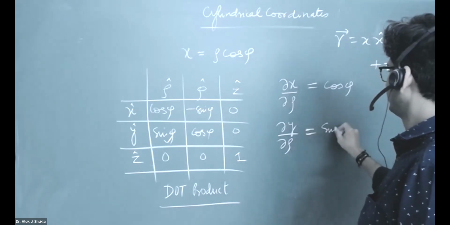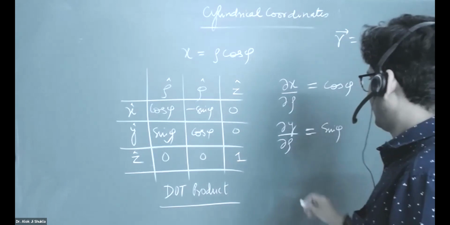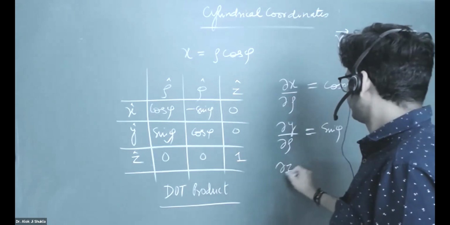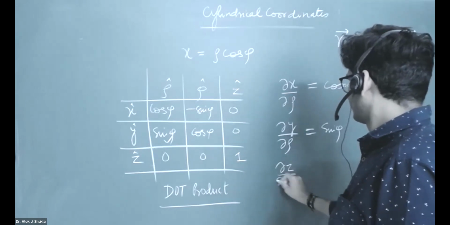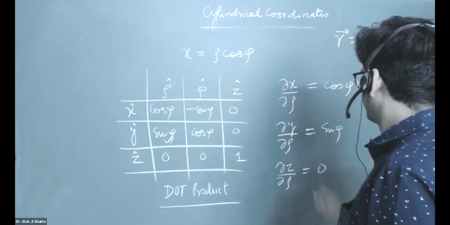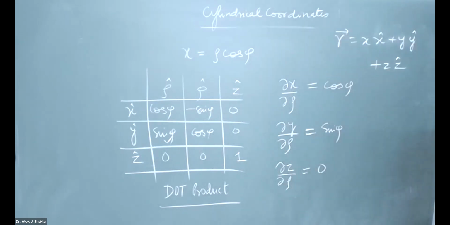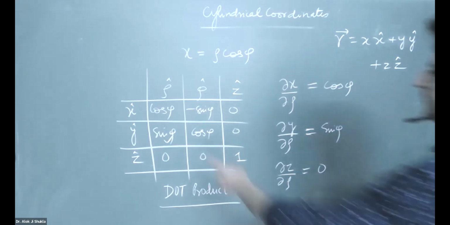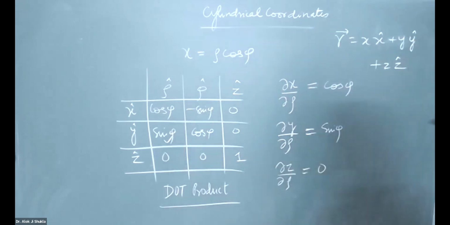Sin phi. And del z by del rho? 0. This is what is written here. Correct? Yes, sir.